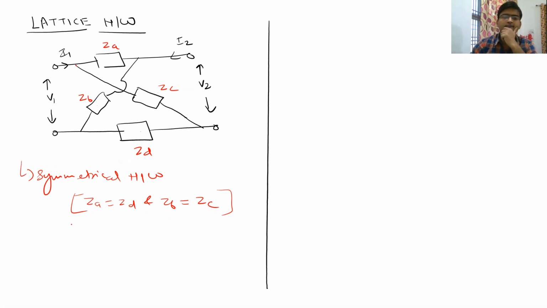Because in all the cases when we calculate Z11, what was Z11? It was V1 upon I1 when I2 is equal to 0.